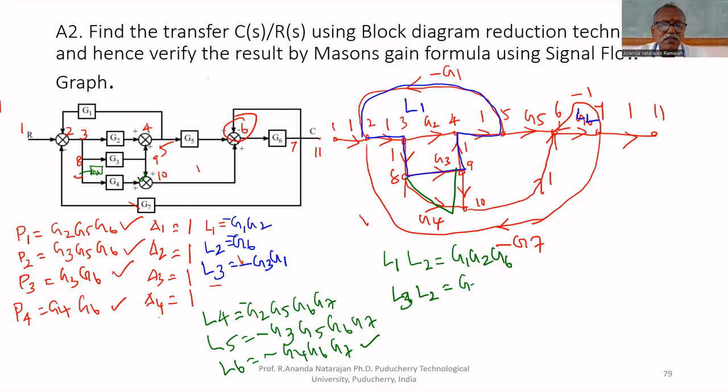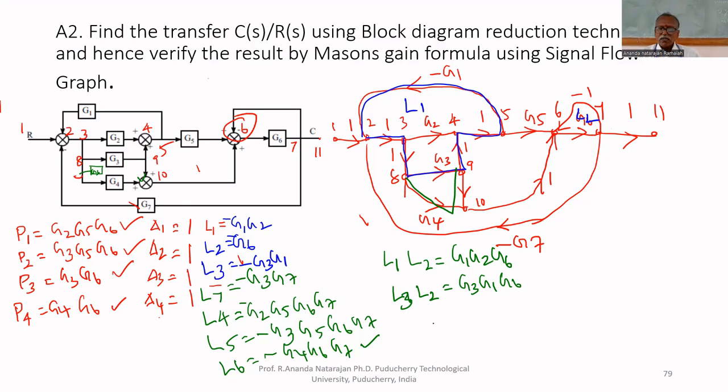Therefore, G3, G1, G6. That is one more loop. Now 7 plus 2, 9 plus 1, 10.